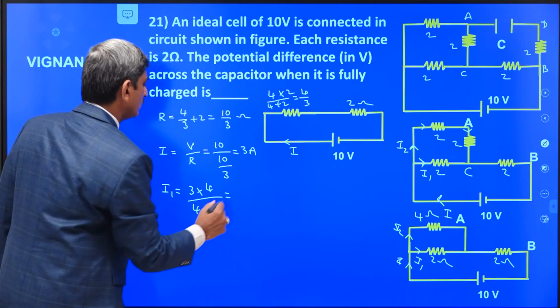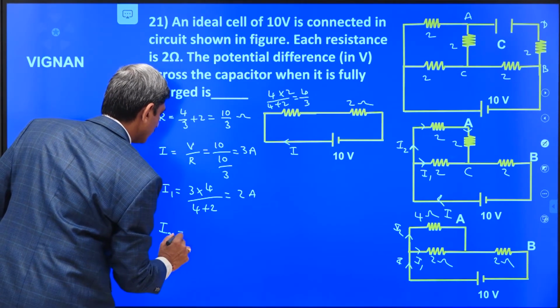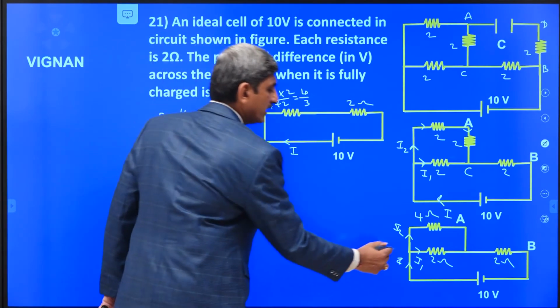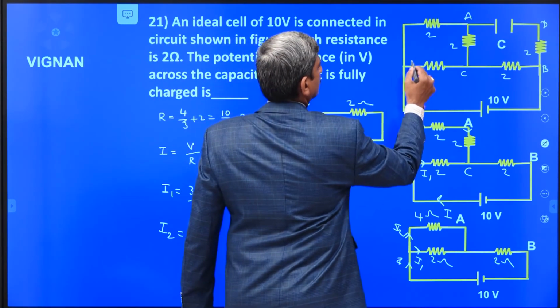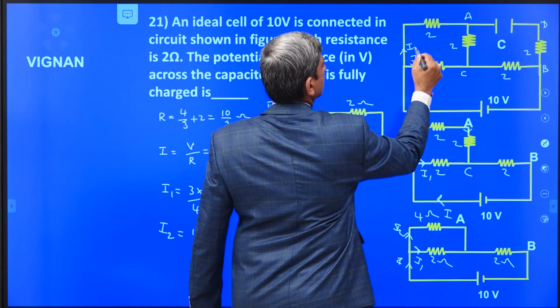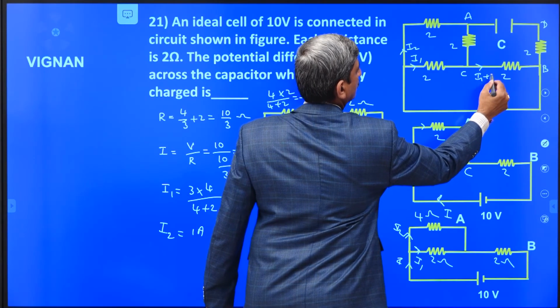This is equal to 2 amperes. Similarly, if we determine the I2 value, this I2 value is equal to 1 ampere. Okay, this I1 is known, I2 is known for us. Now, this is I1, this is I2 in the original circuit. This is I1 plus I2.